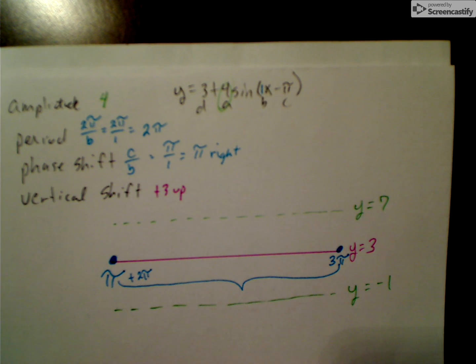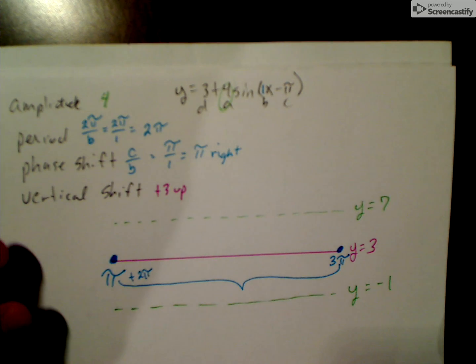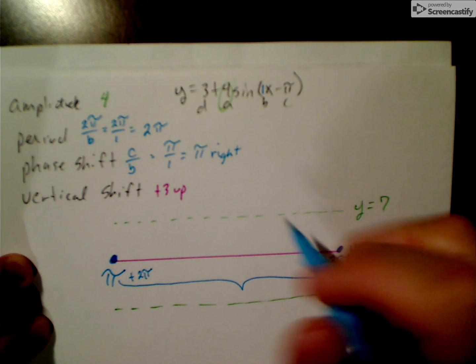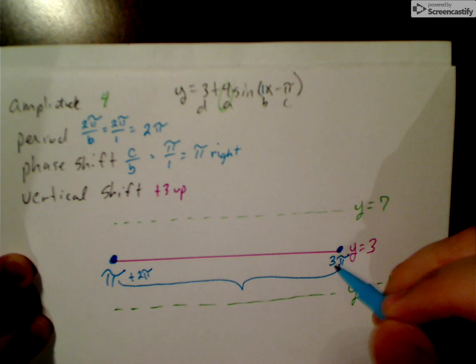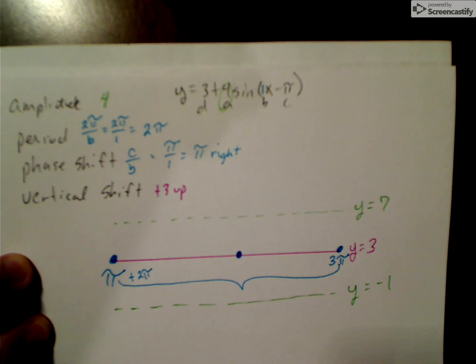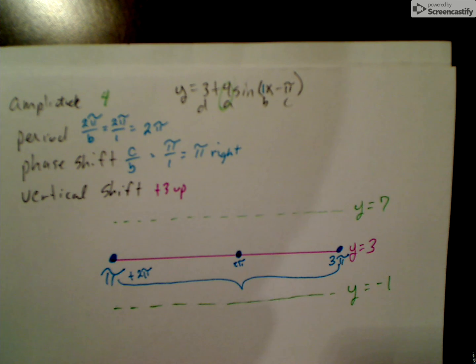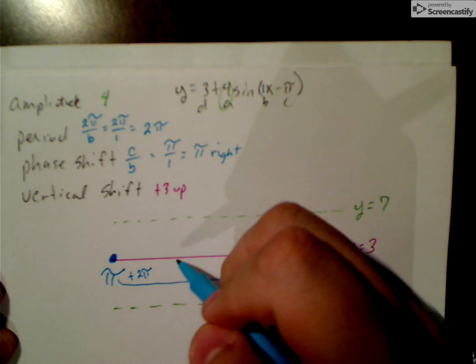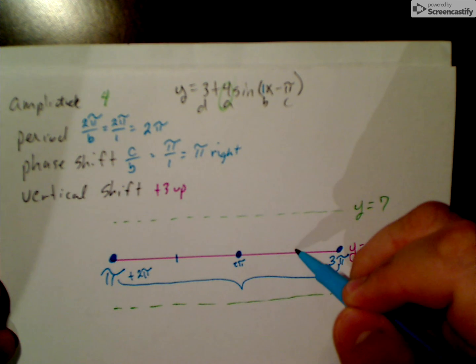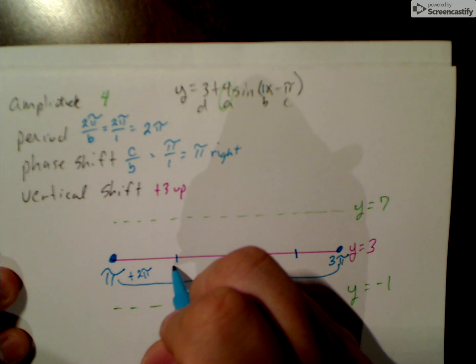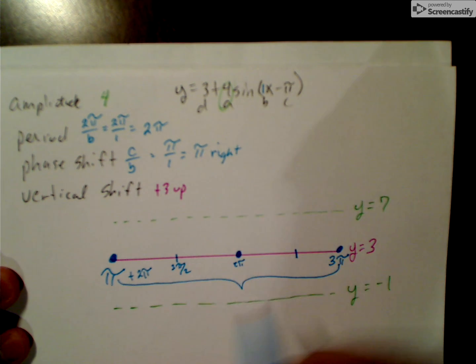Now, here's the key to all of this: you have to think of it in terms of half of a half. Halfway between pi and 3 pi is this point right here, which happens to be 2 pi. Then halfway between these points, here and here, is 3 pi over 2, because halfway between 1 and 2 is 1.5.